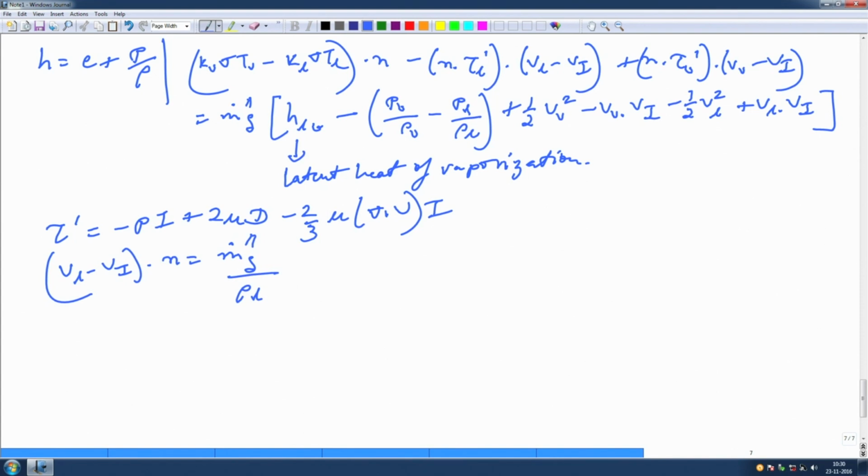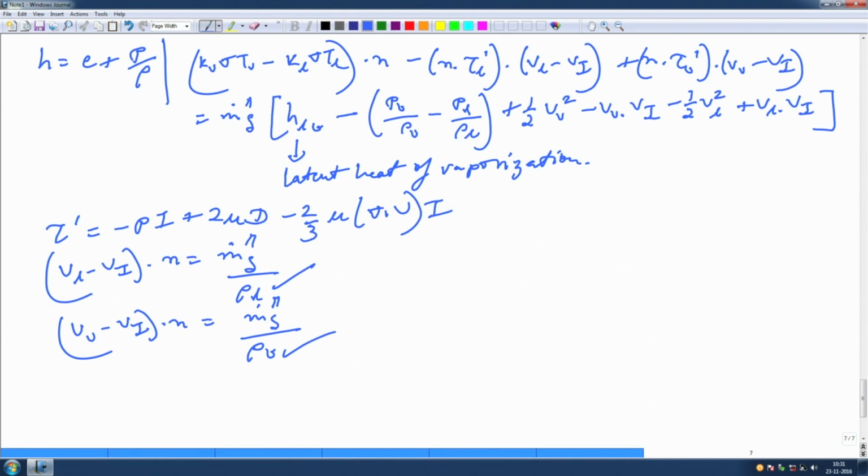Think about it, it is just how much the interface actually moves, that is basically what is taken up by the mass flux, the amount of mass that is going to the other phase. Similarly, we can write VV minus VI dot n is equal to m dot divided by rho V. Remember that this is liquid density, this is the corresponding vapor density.